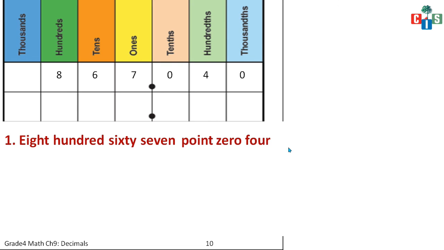Yes, this is what you have to do: 0 for the tens and 4 on the hundredths place. Now in the thousands place there is 0, so there is no need to write it. Clear? So I can read it as 867.04.